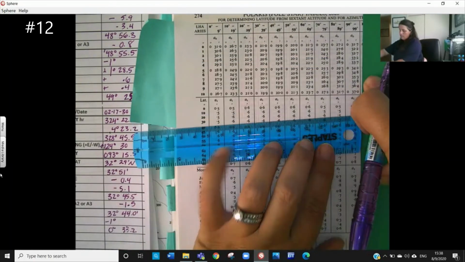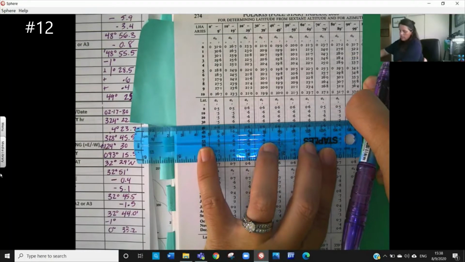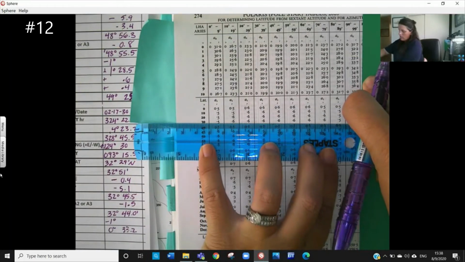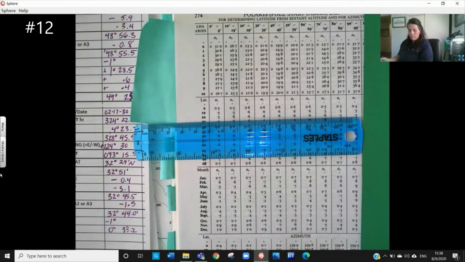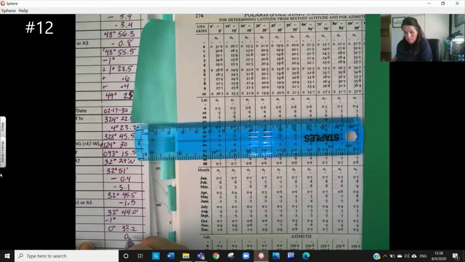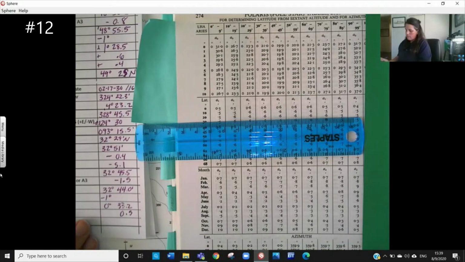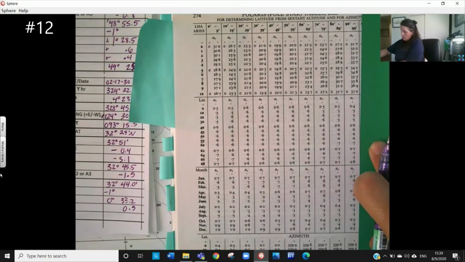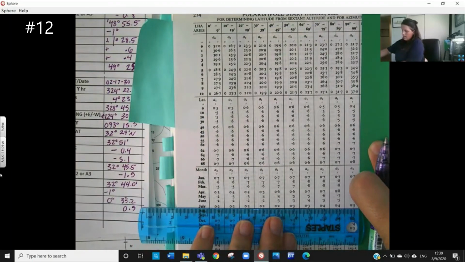Following the same column for A1, our latitude was about 32 degrees, so we'll go with 30 and 0.5. Then for A2, the month that we are in is July, so another 0.5.